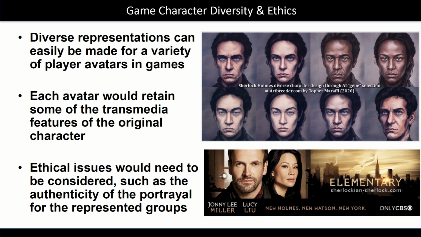This brings up the ability to make diverse characters for games very easily by just tweaking some genes to make a female version of Sherlock Holmes, or an African-American version of Sherlock Holmes, or an Asian version of Sherlock Holmes.